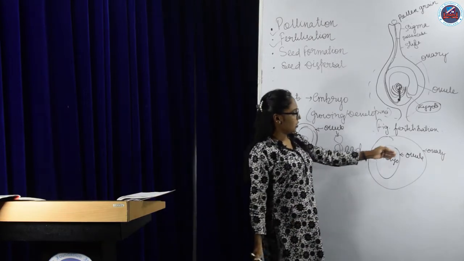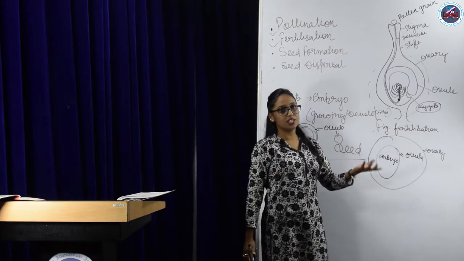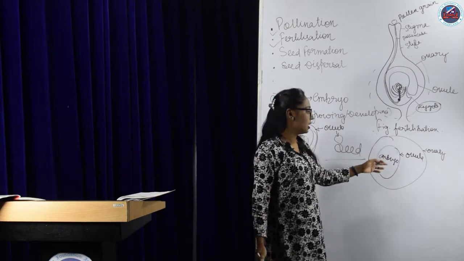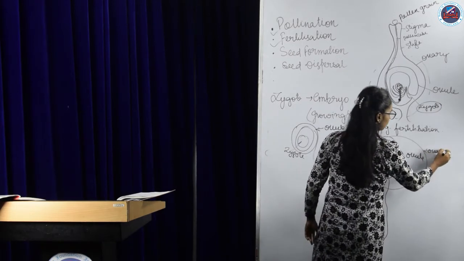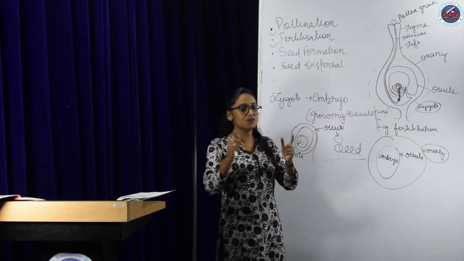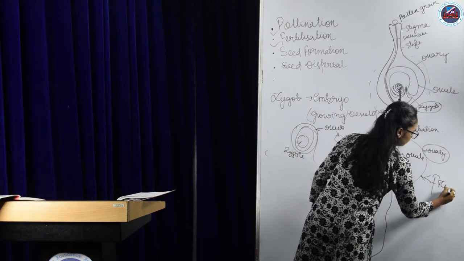So the ovule remains inside the ovary, but it changes itself into the seed, and inside the seed you have the embryo, that is the new plant. And the outer covering is the ovary, which changes itself into a fleshy or a hard covering, which forms the fruit. This is our fruit.